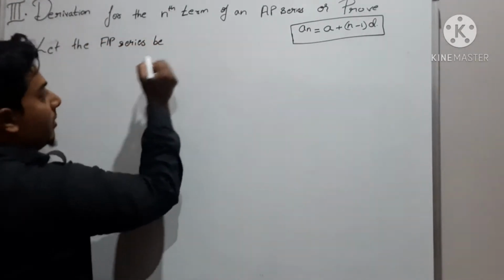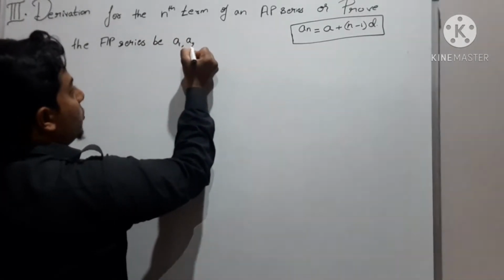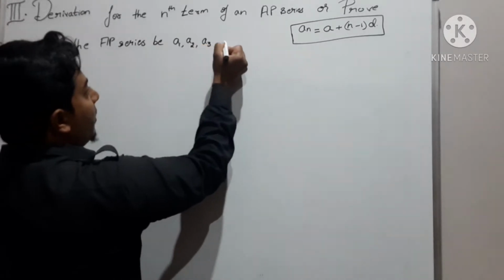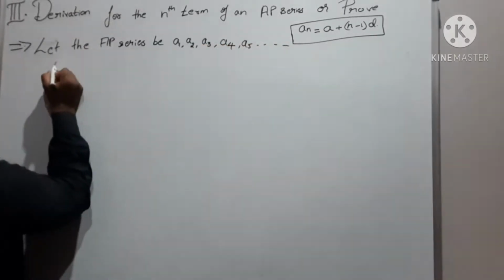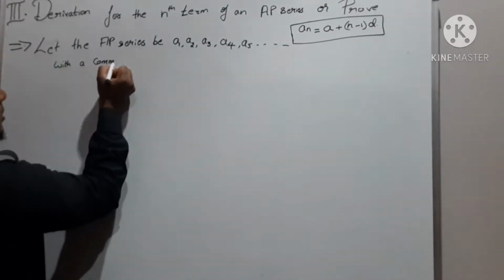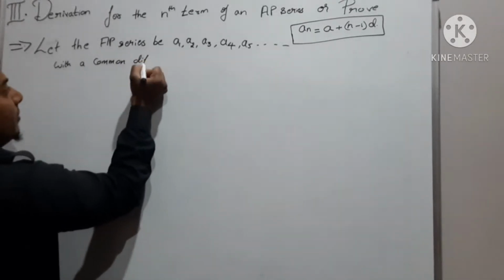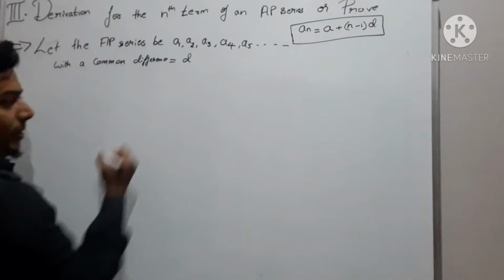be a1, a2, a3, a4, a5, etc., with a common difference given as d.